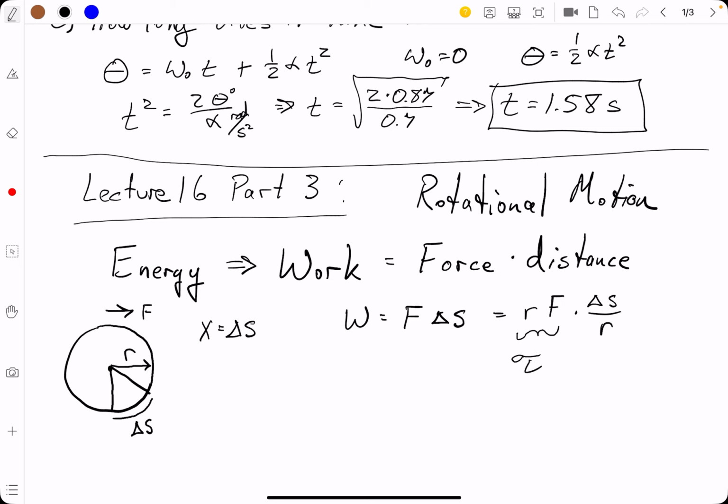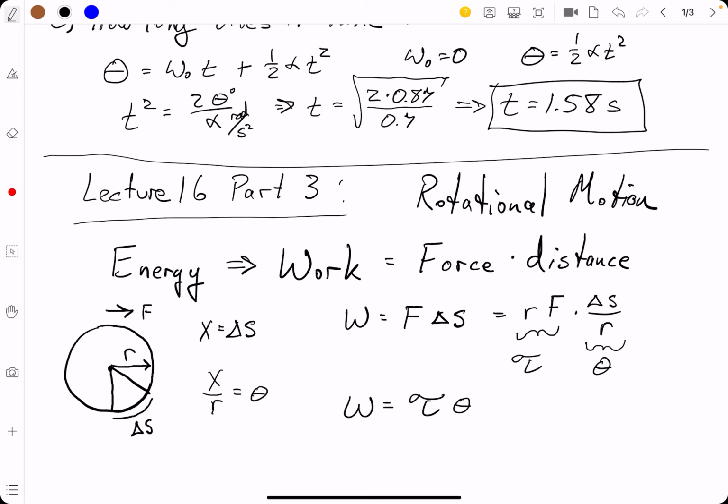That's our torque, right? And delta S over R, what is that? Well, x over r equals theta. So that's theta. So really, our work is equal to our torque times theta.